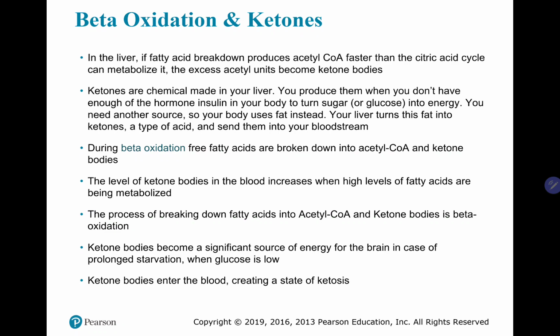You produce them when you don't have enough of the hormone insulin in your body to turn that sugar, that glucose, into energy. So you need another source, so your body uses fat instead. And it's your liver that's going to turn this fat into ketones. And these ketones, or keto acid bodies, are going to be a type of acid, and that's going to be sent into your bloodstream. So during beta oxidation, these free fatty acids are broken down into acetyl-CoA and these ketone bodies.